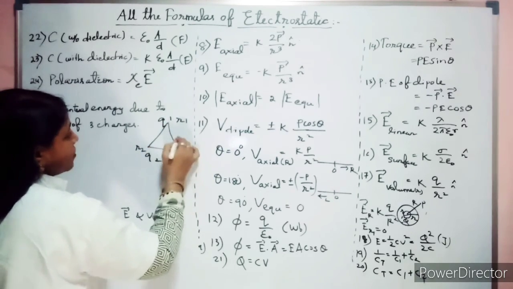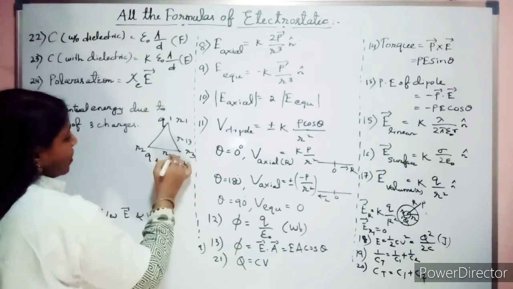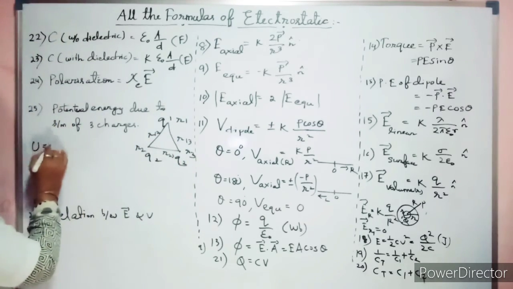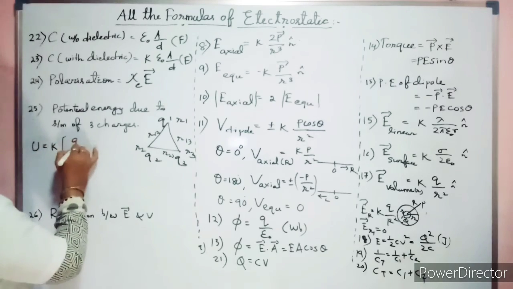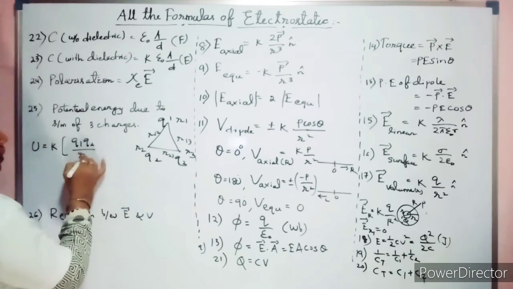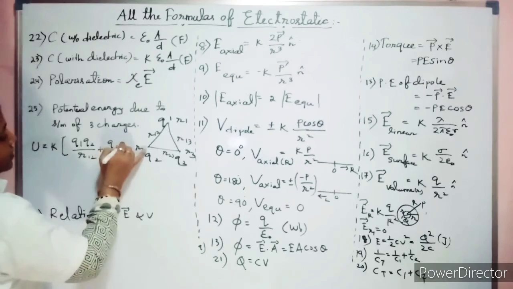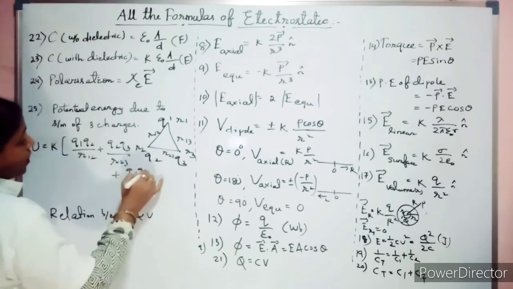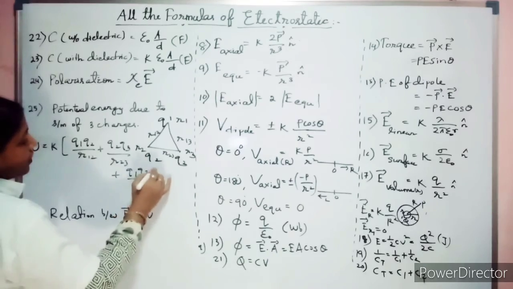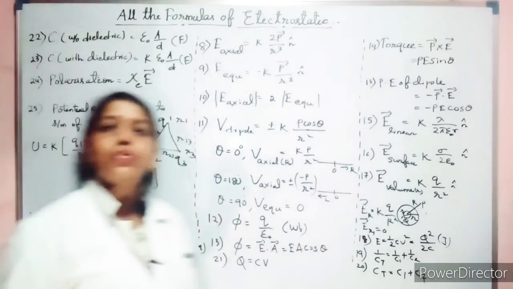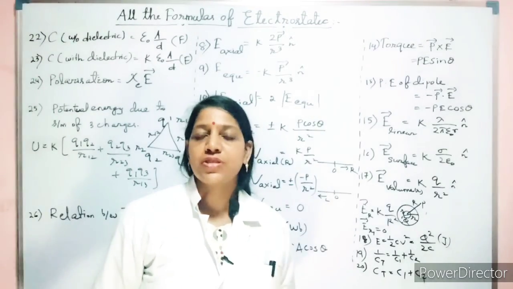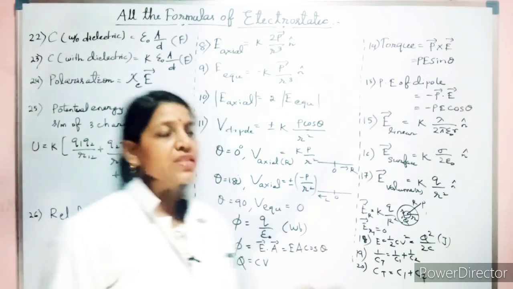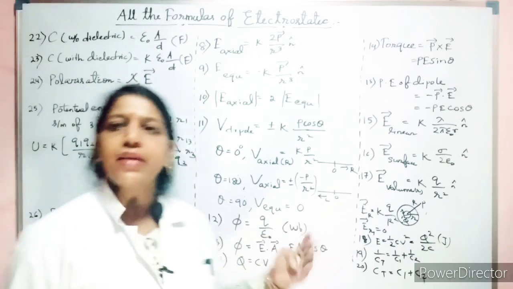Then this is your R13, this is R23, this is your R12. So your total potential energy U equals kQ1Q2 by R12 plus Q2Q3 by R23 plus Q1Q3 by R13. This is the total potential energy. You can extend it to any number of charges, 4 to 5 charges.